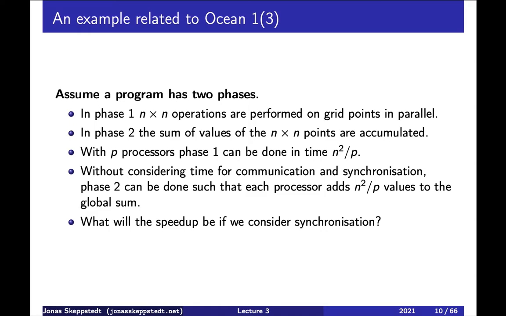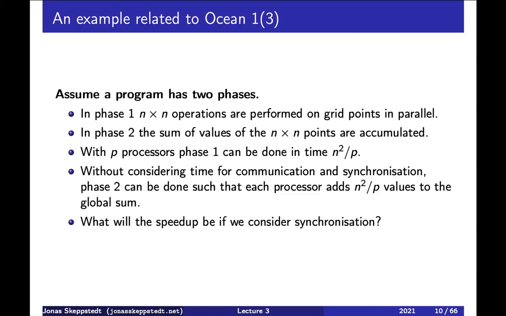If we ignore communication and synchronization, which probably will be needed for the sum, we can add this as well in n squared divided by p time. So what we have done is to have linear speed up in the number of processors.